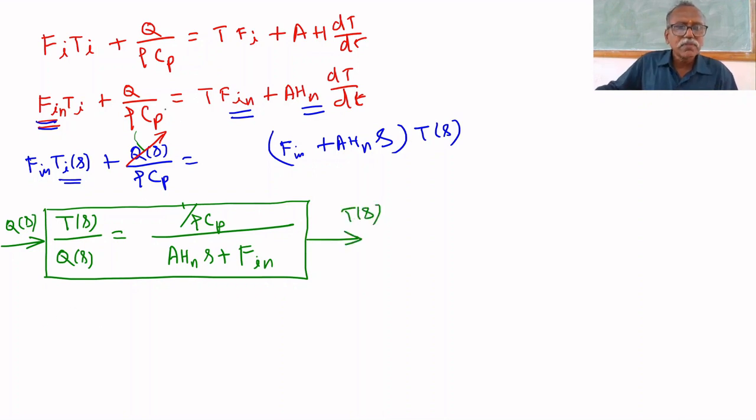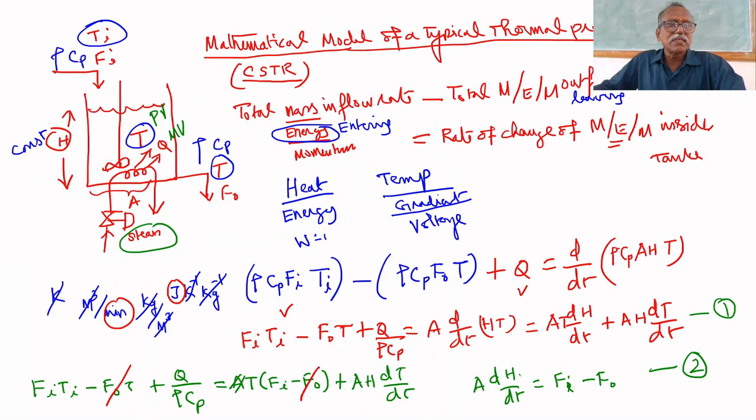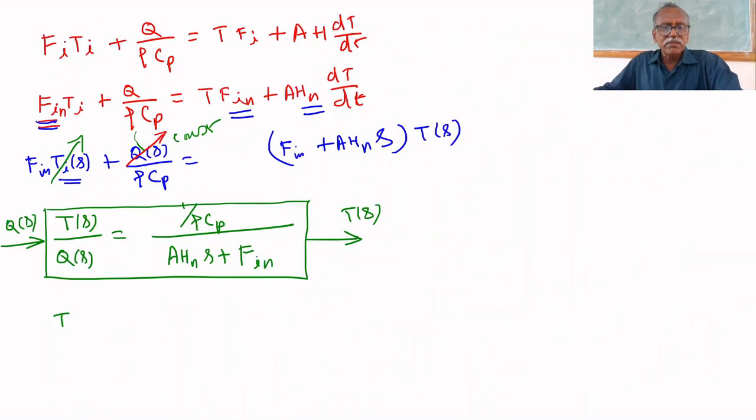Similarly, let us obtain a disturbance model. In that case, Q is constant and the inlet temperature is varying. Then also T will vary.